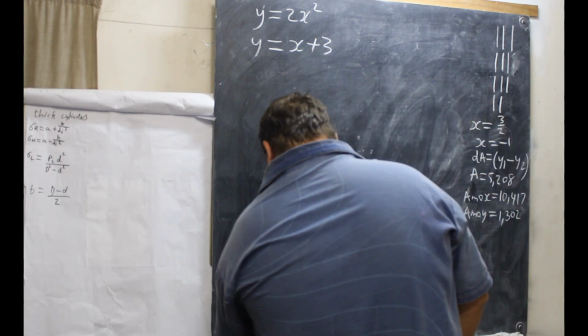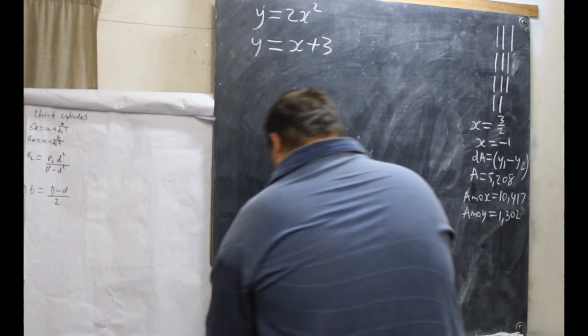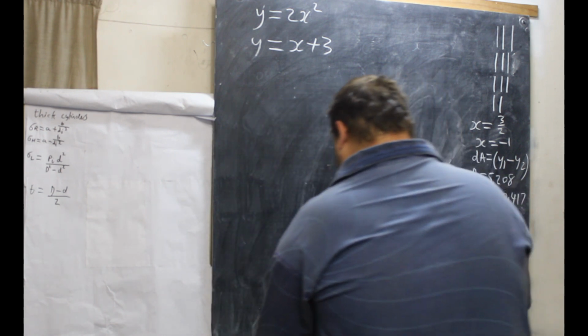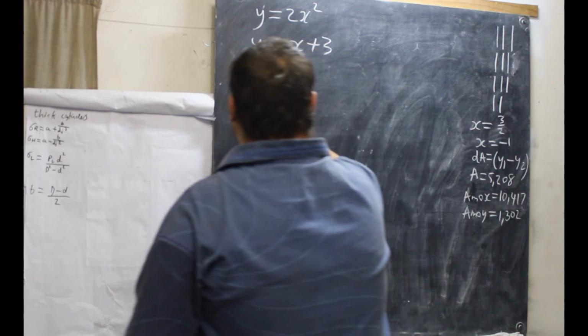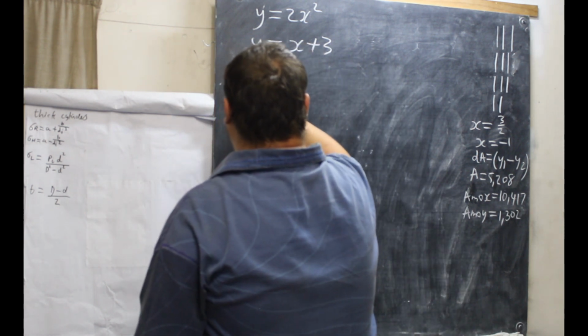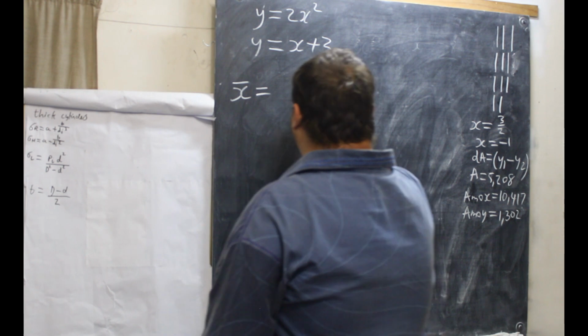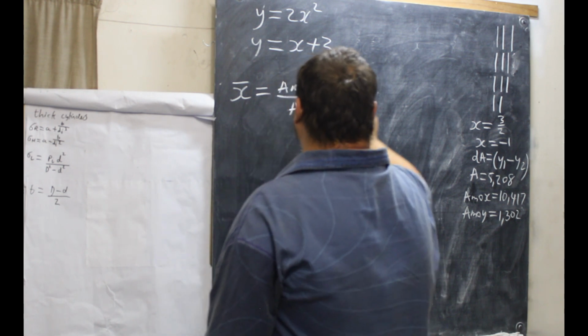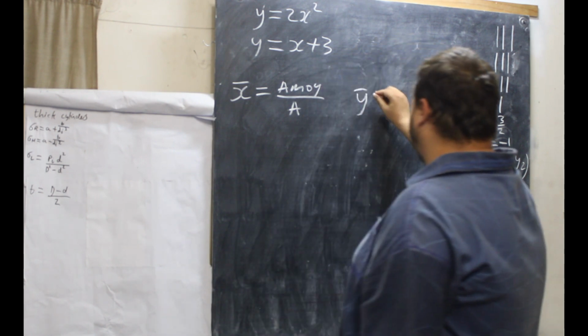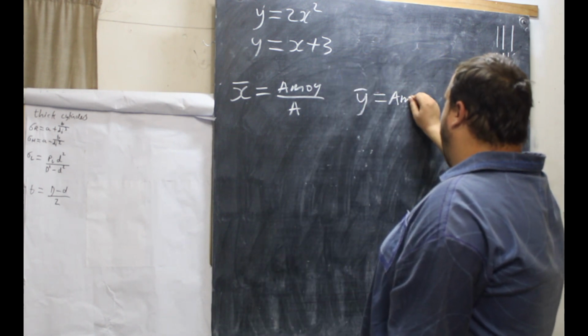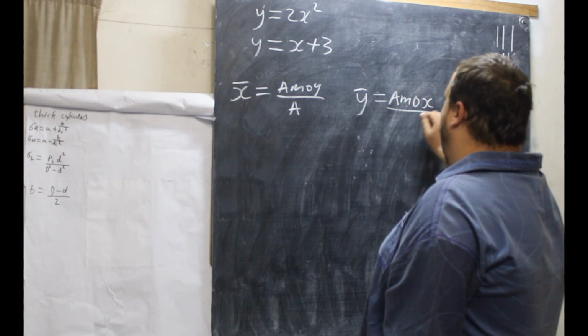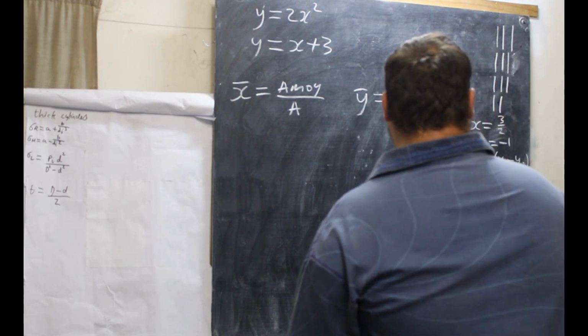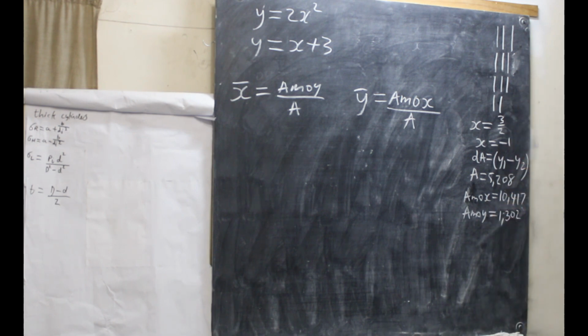To calculate, next off, and last bit, to calculate x bar, this is where our centroid is, AMOY over A, and y bar is AMOX all over A. That's why we needed A from before. So, our formula.